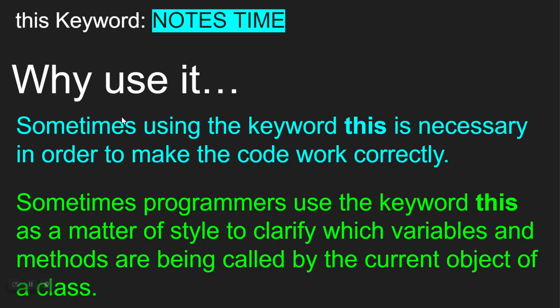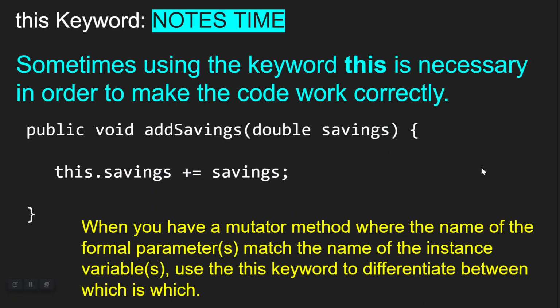All right, so why do we use it? Sometimes using the keyword this is necessary in order to make the code work. Sometimes programmers use the keyword this more as a matter of style, to clarify which variables and methods are being called by the current object of a class. So what does it look like when we say it's necessary? For something like this, the keyword this is necessary because you have a parameter, savings, which matches the name of one of your instance variables.